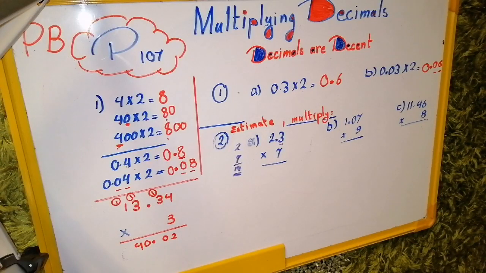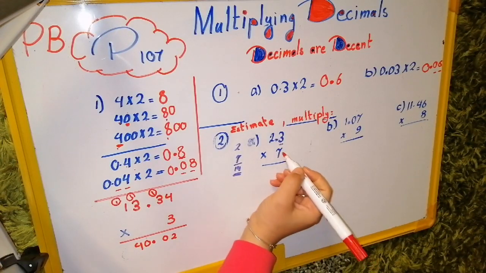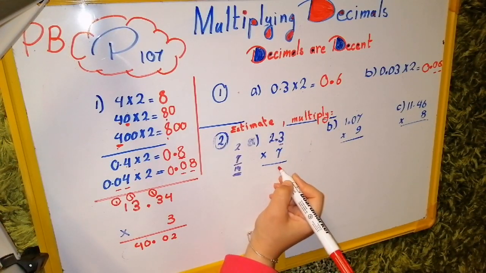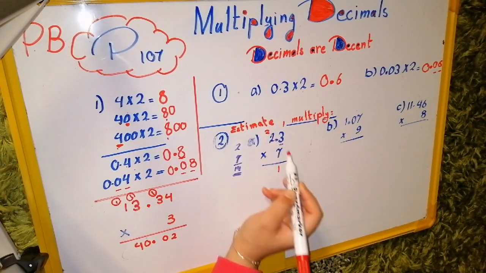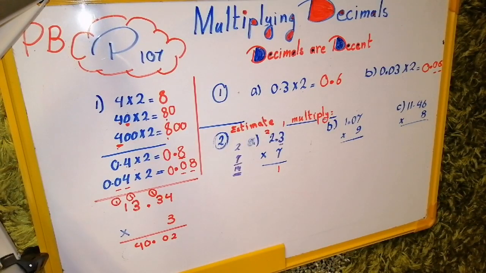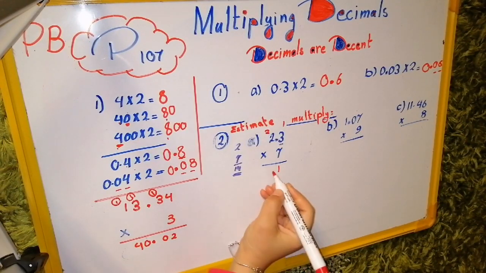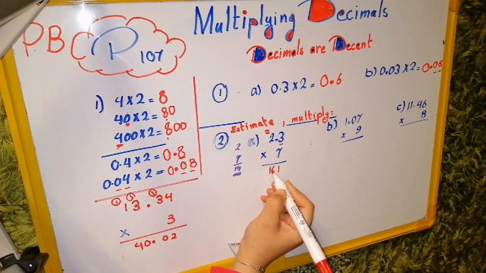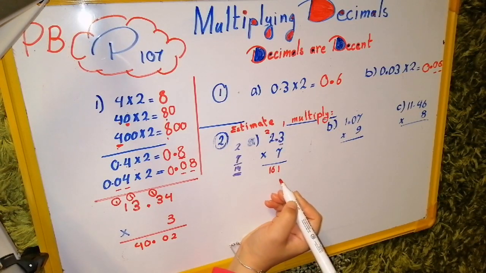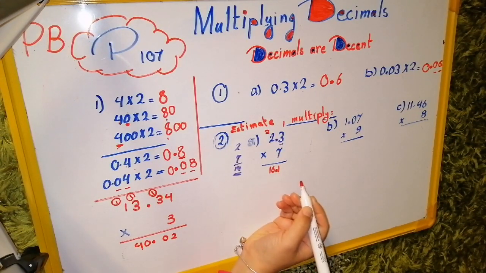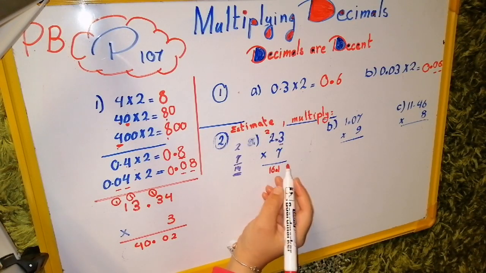Let's see the actual operation. 7 times 3 is 21, so I'm going to put the 1 and take the 2 up with me. 7 times 2 is 14 plus 2 is 16. Did I forget something? Yes, I forgot the point. I have to put the point from the beginning.